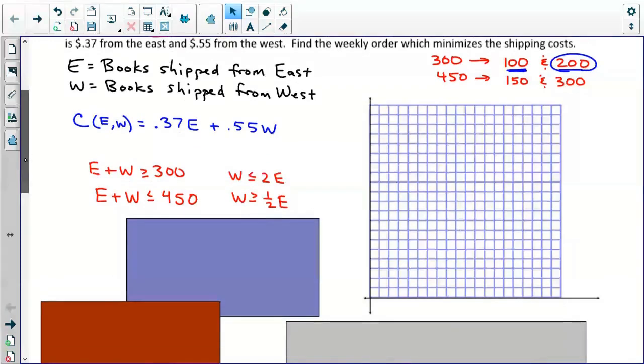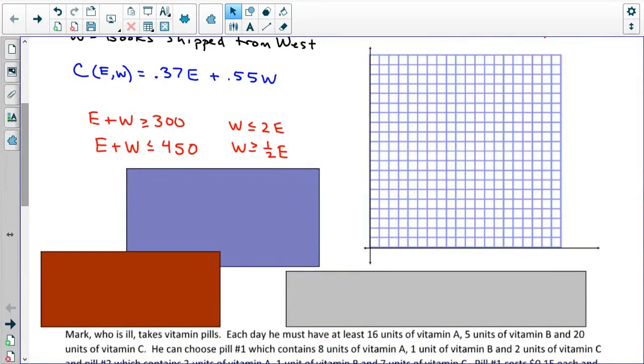So if I graph these inequalities, let's make axes E and W. I'll go up by 50s. Actually, I can go up by 25s, so each 2 lines will be 50.